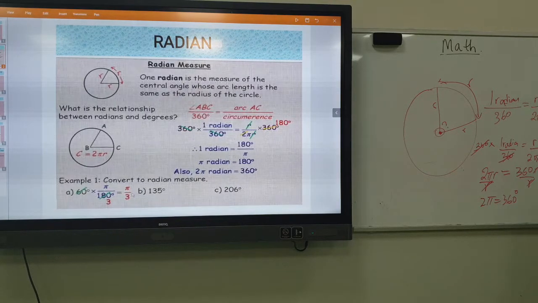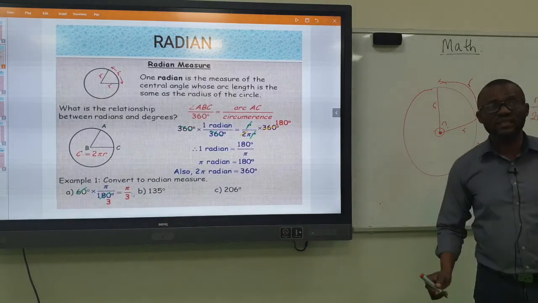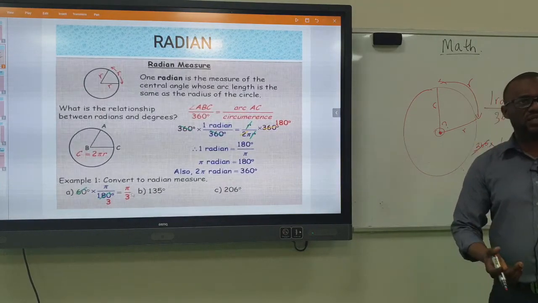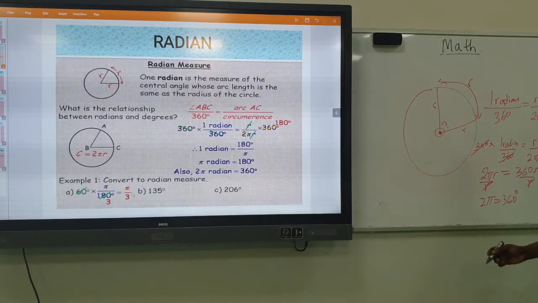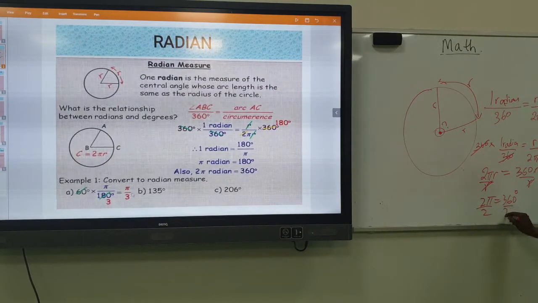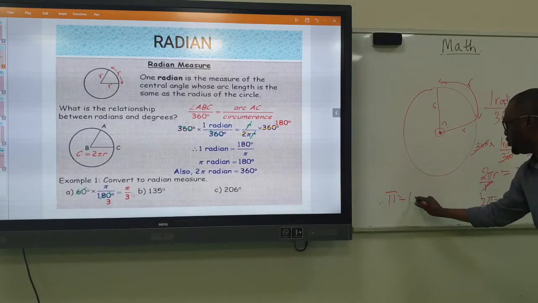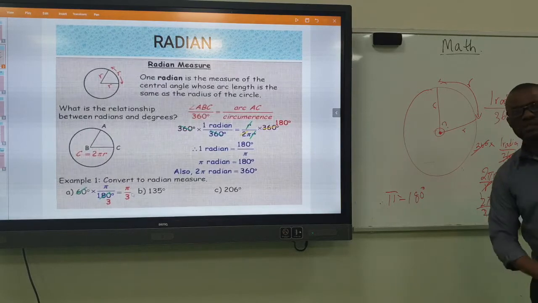So it simply says that 2 pi radian equals 360. If 2 pi radian is 360, so what will be the value of pi? I divide both sides by 2. So when you divide both sides by 2, it simply means pi equals 180 degrees.